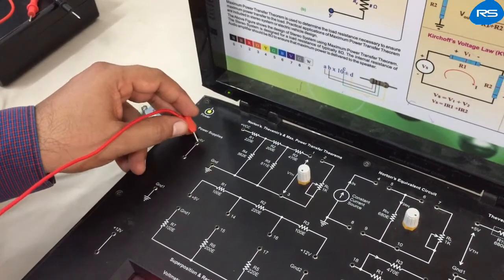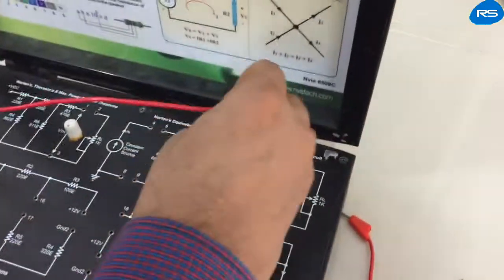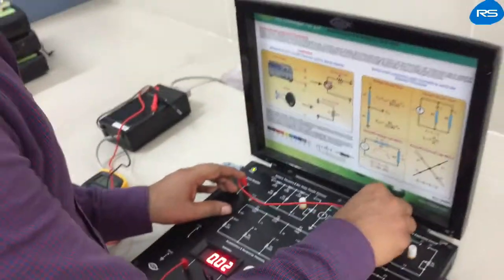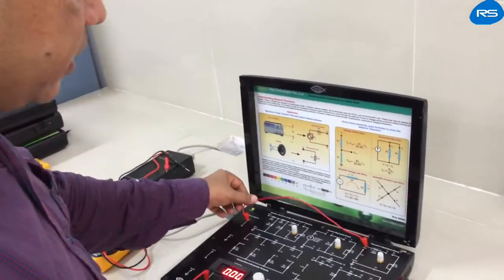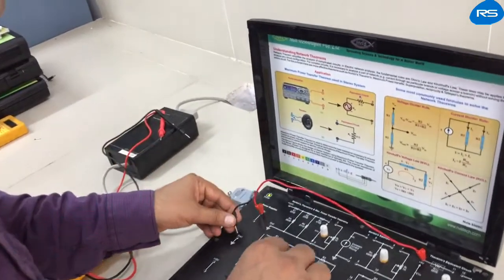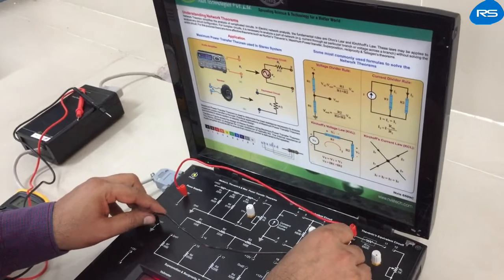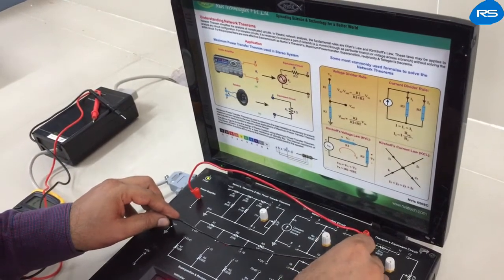So we will connect the positive plus 5 volt supply with the positive terminal of the Thevenin equivalent circuit, and the ground terminal of the power supply is connected with the ground terminal of the given circuit.